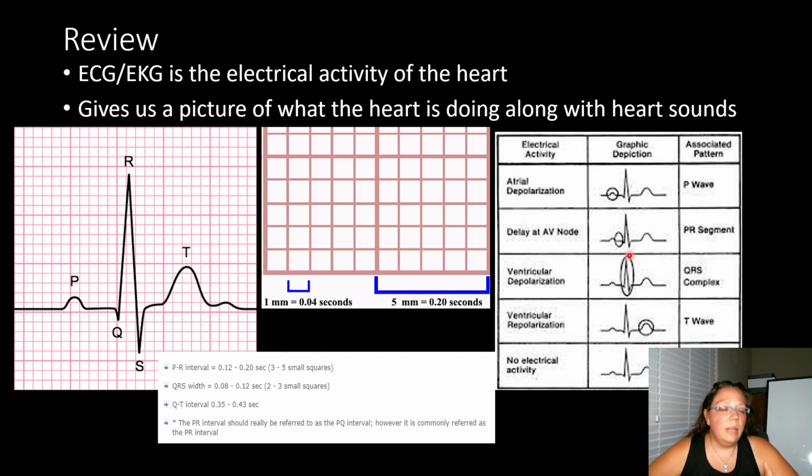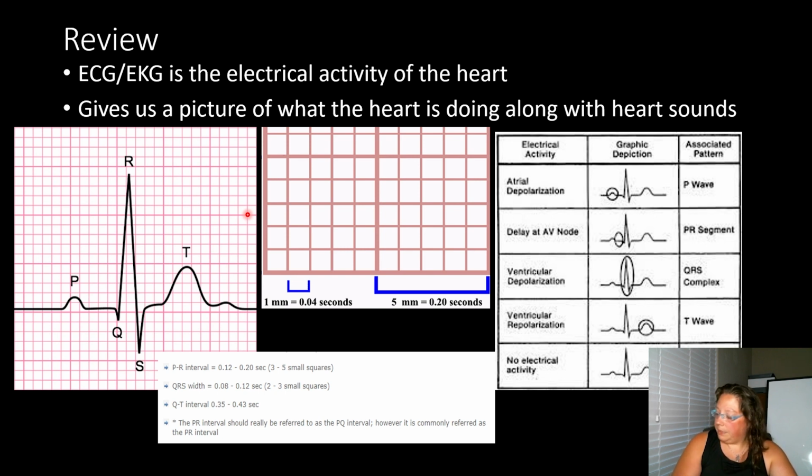So how do you measure time with this? Time goes across horizontally, and each one of these little squares is a unit of time. A small square equals 0.04 of a second. Then 5 of those squares together equals 0.2 seconds.